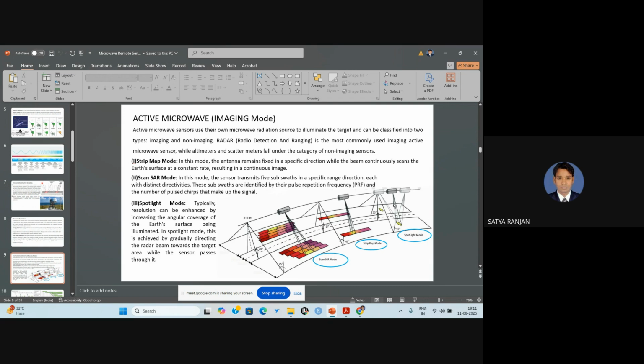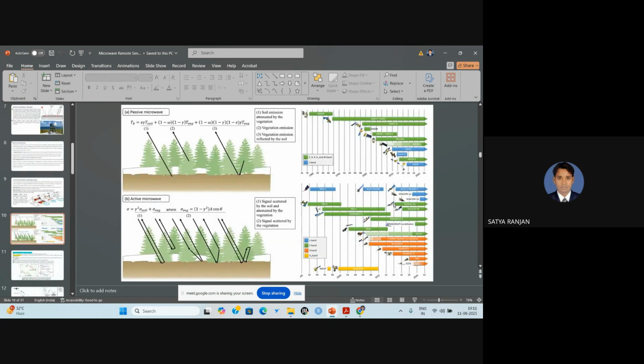So there are three types of active remote sensing sensors. Then this is a passive microwave sensing example, and this is active remote sensing. And there are some examples: a lot of L bands, C band, X band, and K bands, where we use different applications.